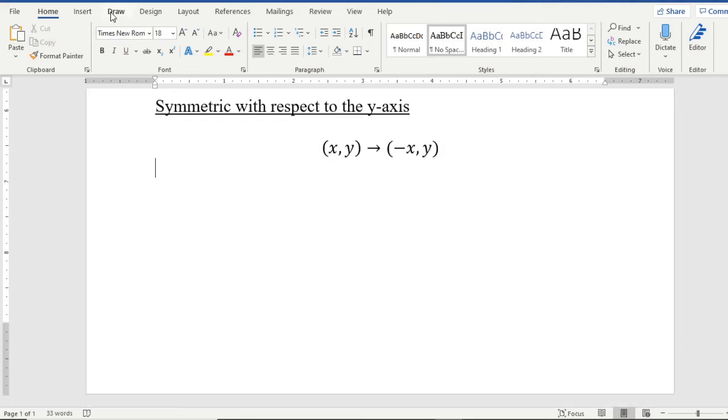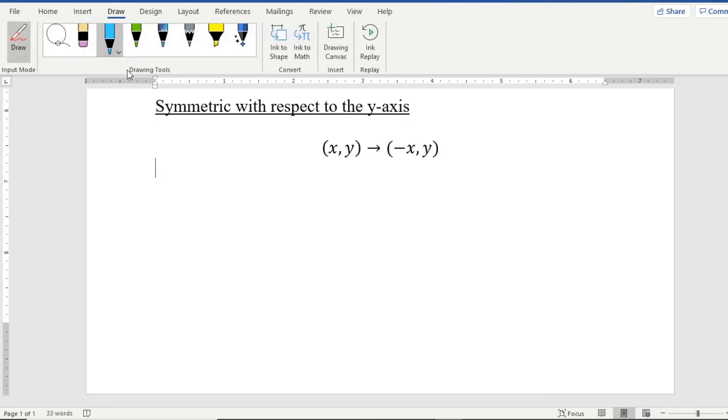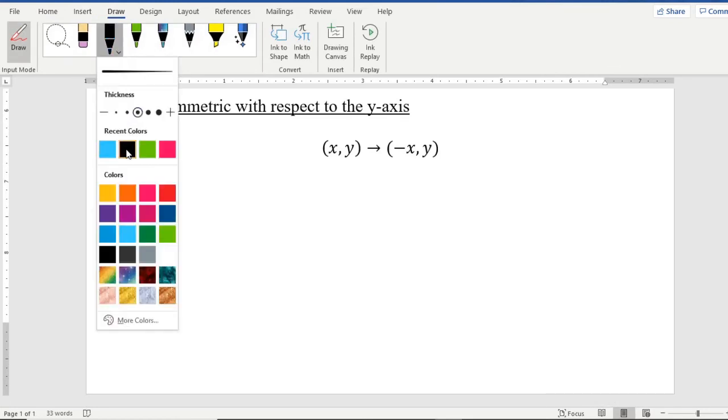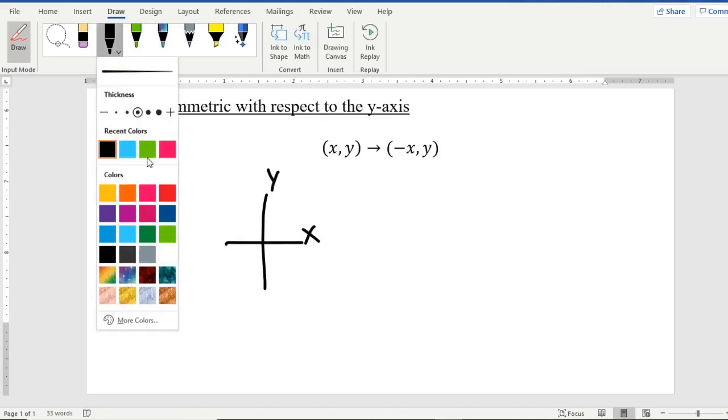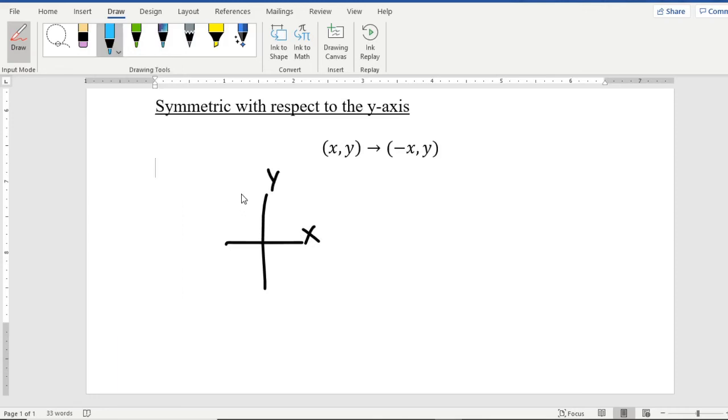So let's grab another quick sketch to see what that looks like. Okay, so that's the x. That's our y. The best graph to show this kind of relationship is a parabola. I'll do my best to draw one that's symmetric.